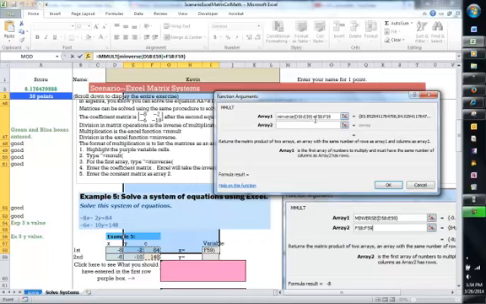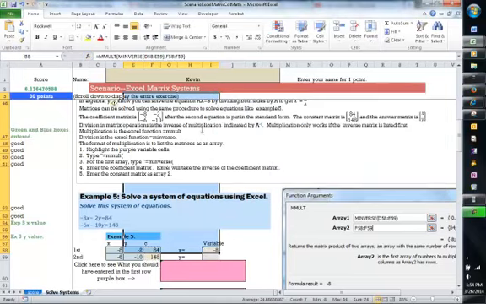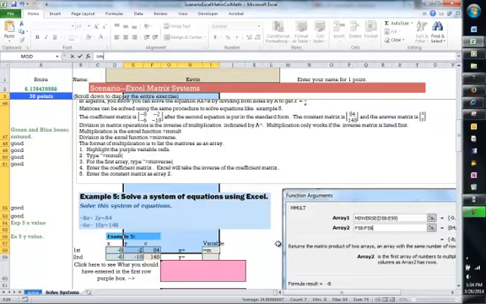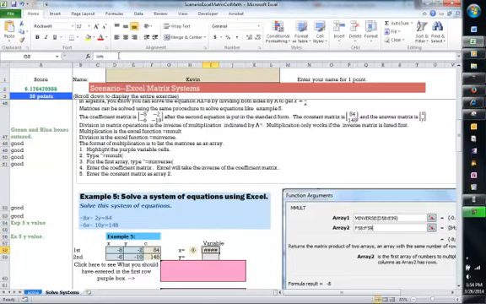So you can see I've got the inverse of the first one multiplied by the second one. Let me do it again. Equals matrix multiplication, parentheses, pull down the fx.